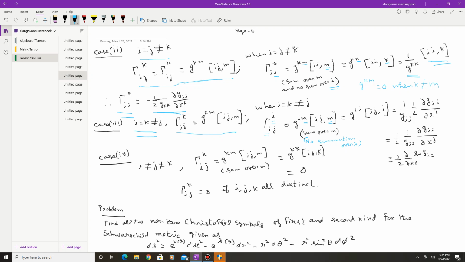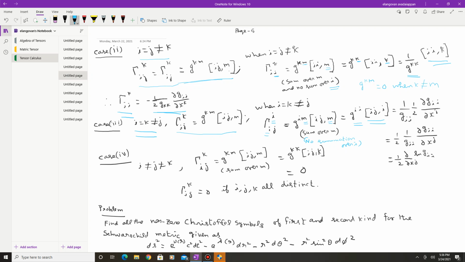So when I is equal to m only, it is a non-vanishing value. Otherwise, it is 0. So you put m equal to I, and you perform the summation over m. When m becomes I, this is the expression.